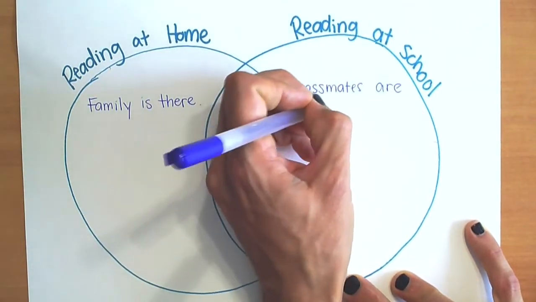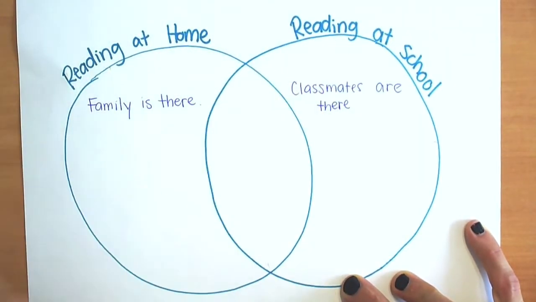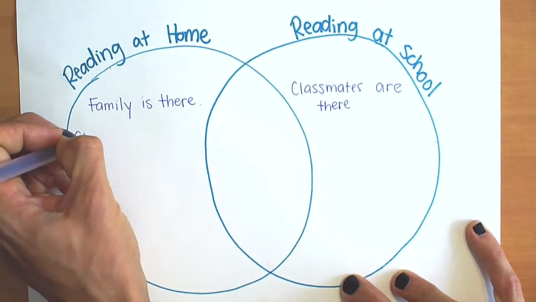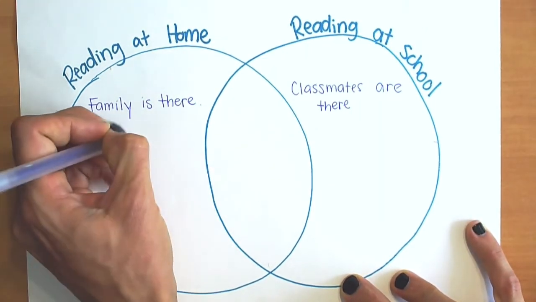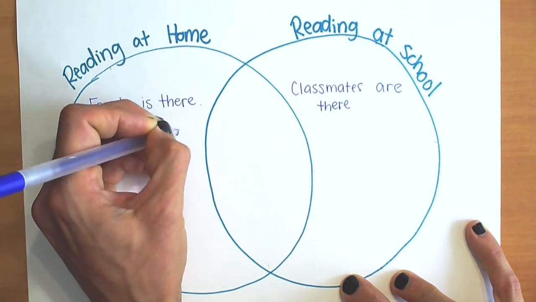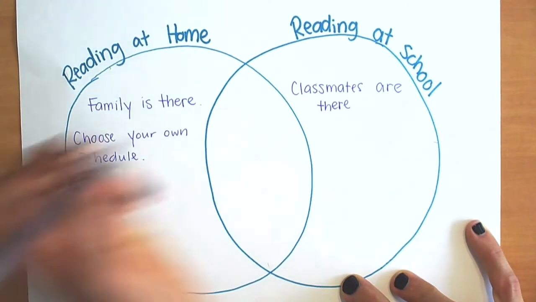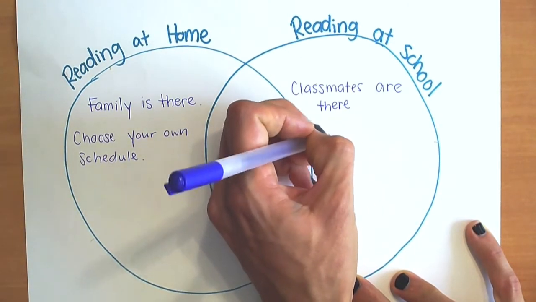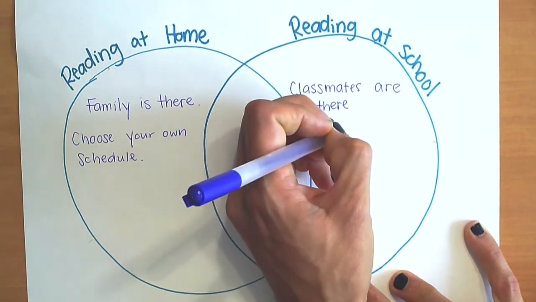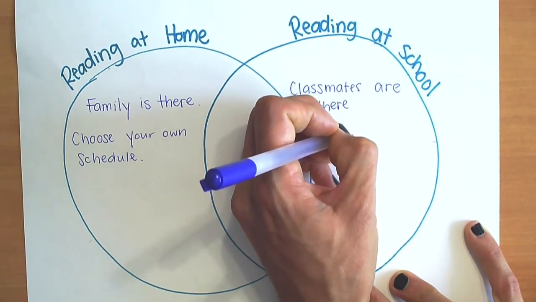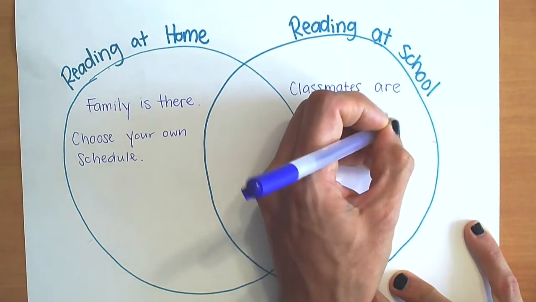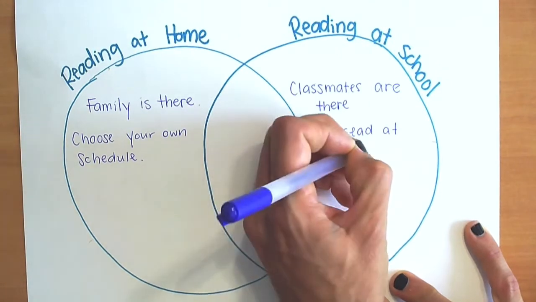Another way that it is different is when you're at home, you can kind of choose your own schedule. And when you're at school, we all do the work at the same time. So we all read at the same time.